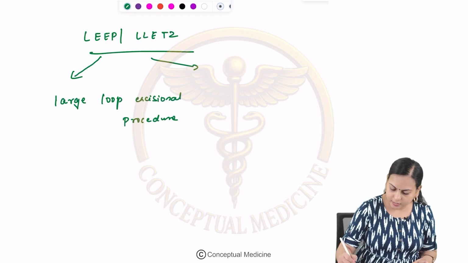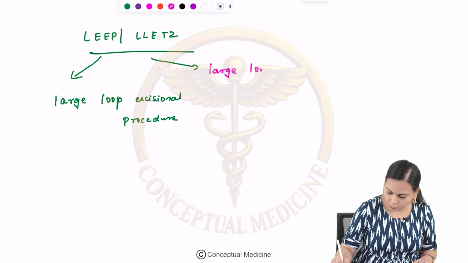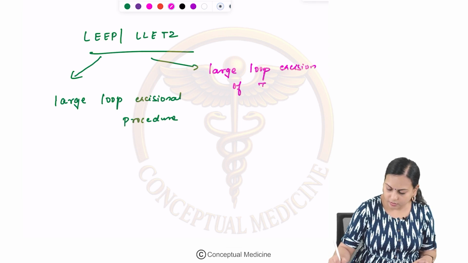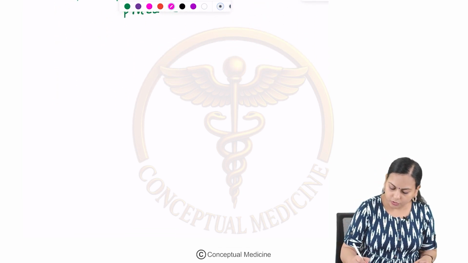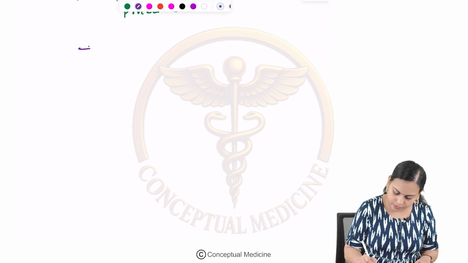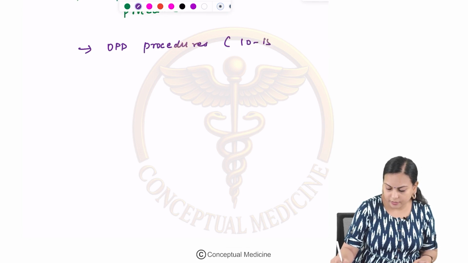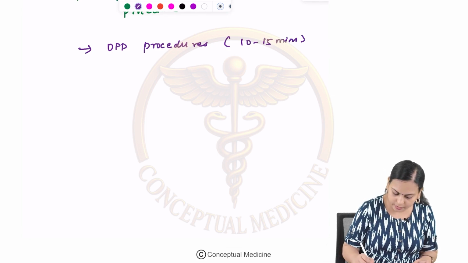LETS is large loop excision of transformation zone. Remember, both of these procedures are OPD procedures, and the time taken will be only about 10 to 15 minutes.